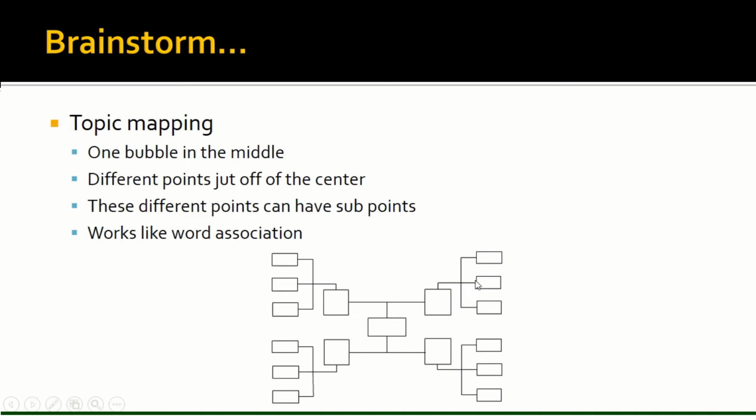And then you think of words associated with that second word that still fall into the category of the first. And you end up with, by this little model here, 4 different directions that you could go with a single speech topic. And you end up with some supporting evidence, or at least supporting points through this technique. So it's something that could be useful for you if you're struggling on organization.